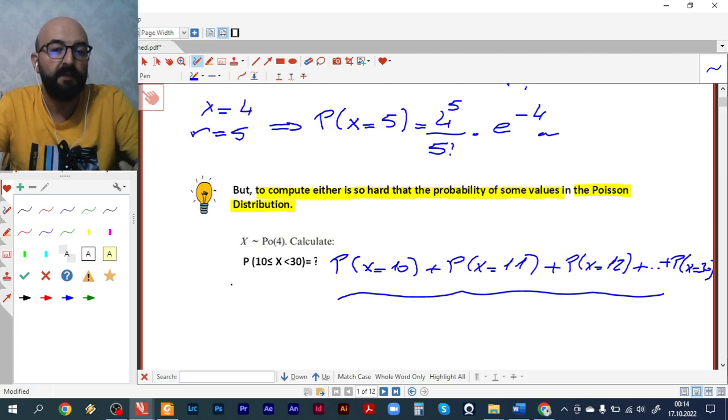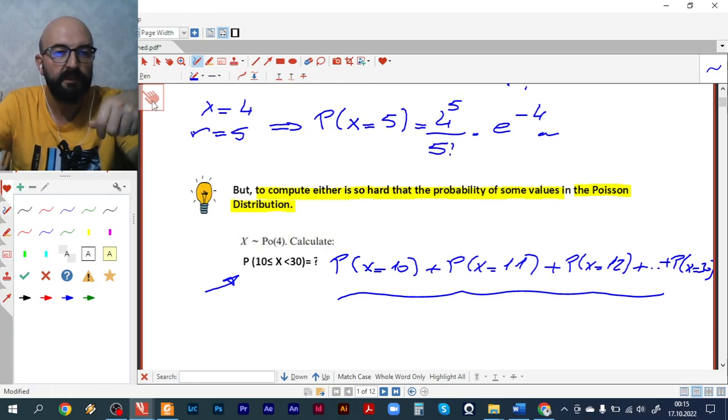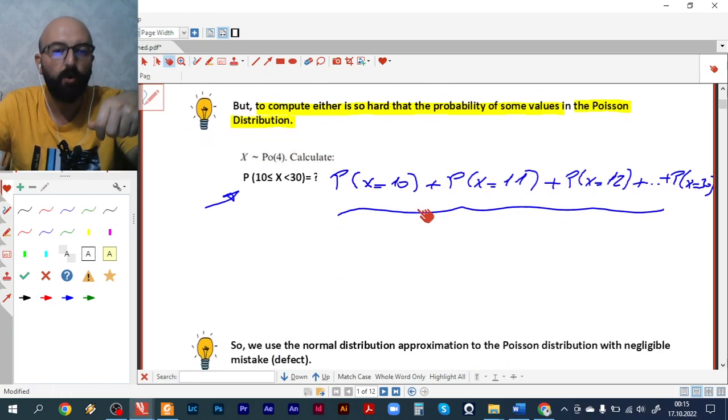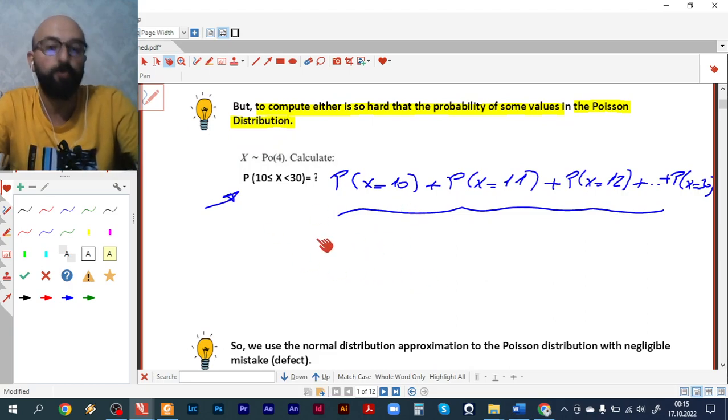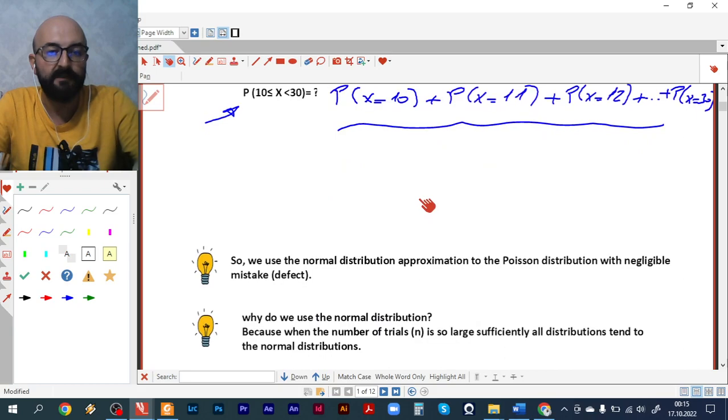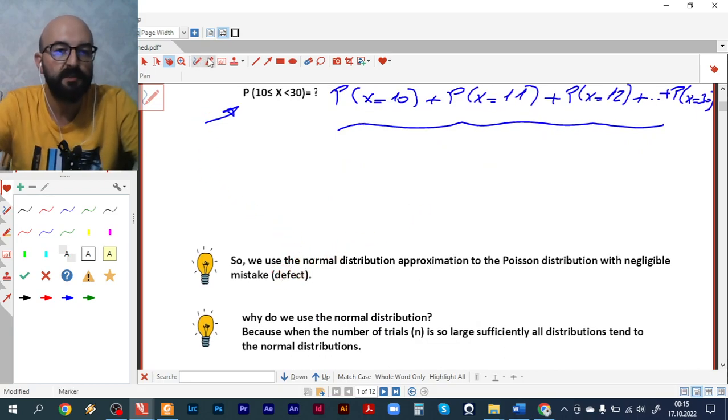So when we come across this situation, we should find a different way. We will use the normal distribution approximation to the Poisson distribution, with a negligible error.